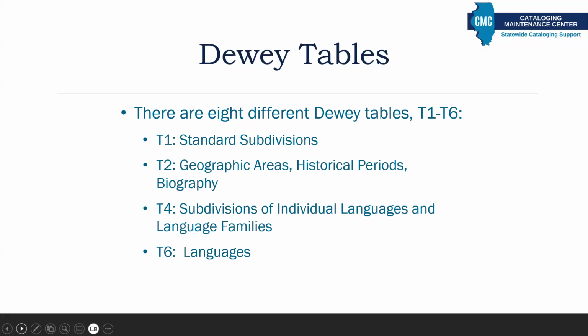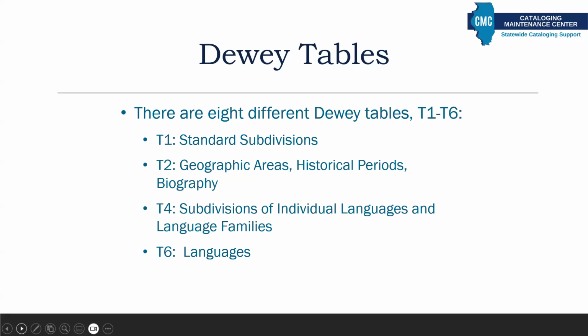This breaks down with the notations 001 to 008 standard subdivisions, 009 history, 01 to 05 historical periods, 1 areas, regions, places in general, oceans and seas, 2 biography, 3 to 9 specific continents, countries, localities, extraterrestrial worlds.